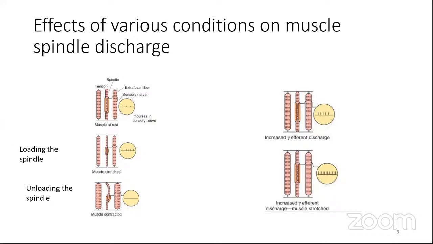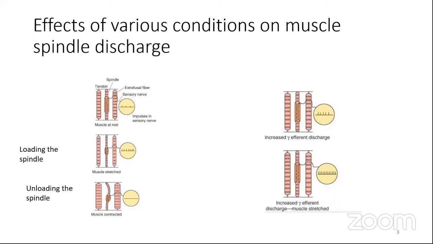In the next diagram, you can see unloading the spindle. Here the muscle is contracted. That means when the extrafusal fibers contract, there is slackening of the spindle.